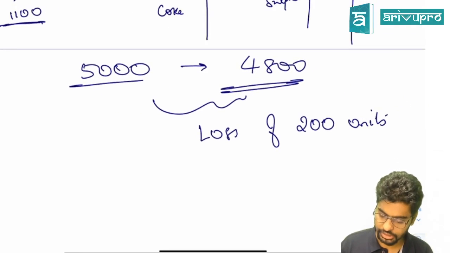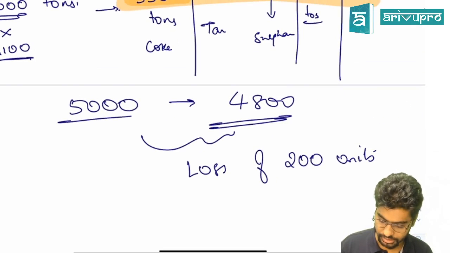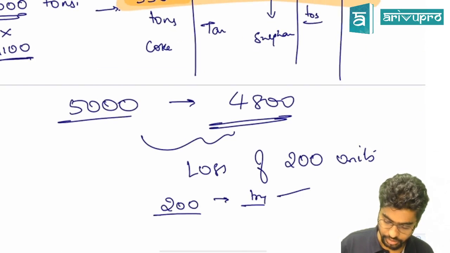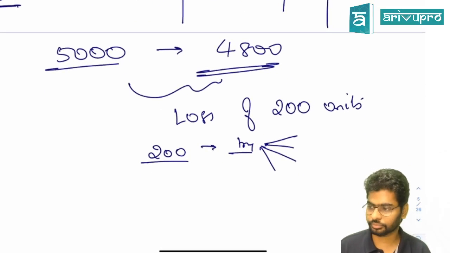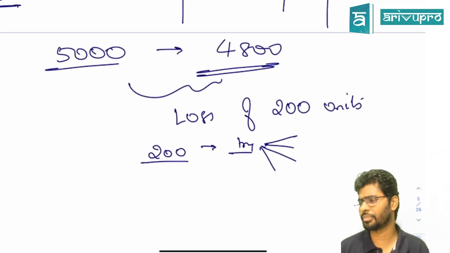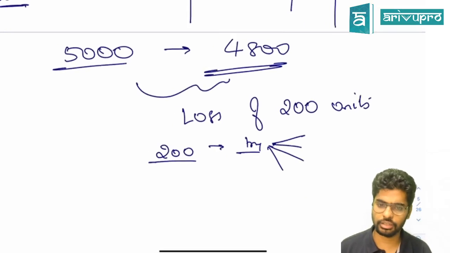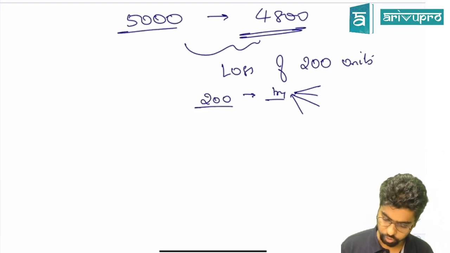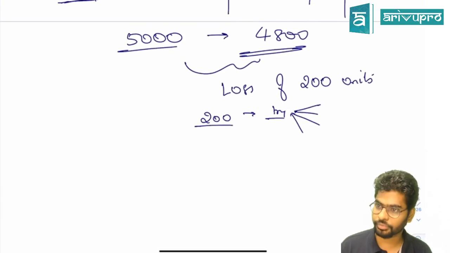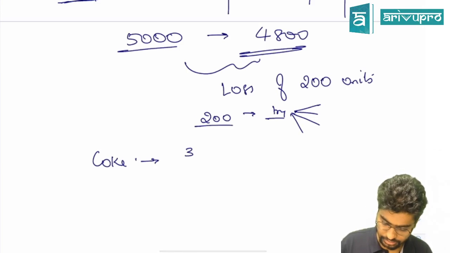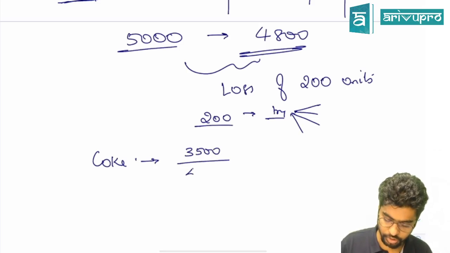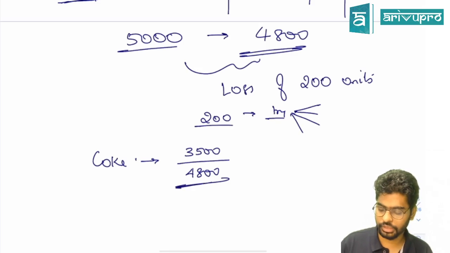Now this loss of 200 units, I will try dividing between all the 4 products, maybe in the ratio of their outputs. That is, for coke, 3,500 is my output, multiply by 200.